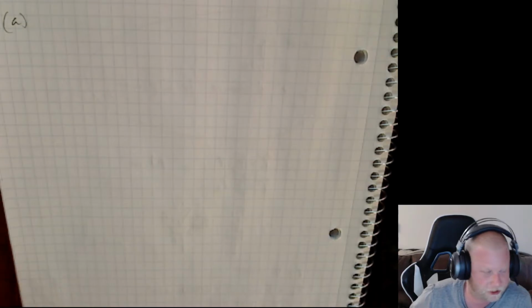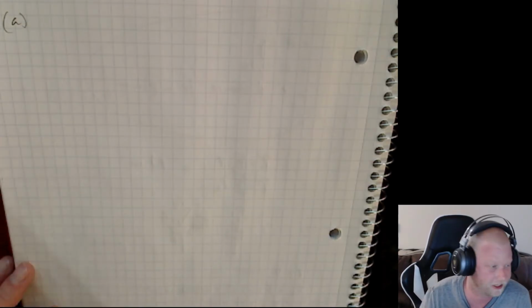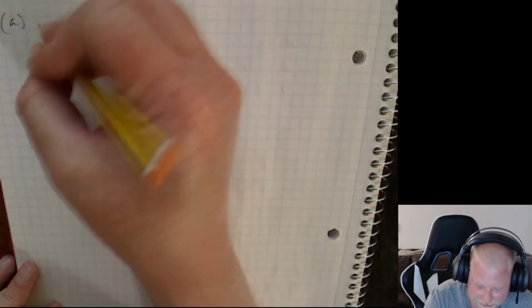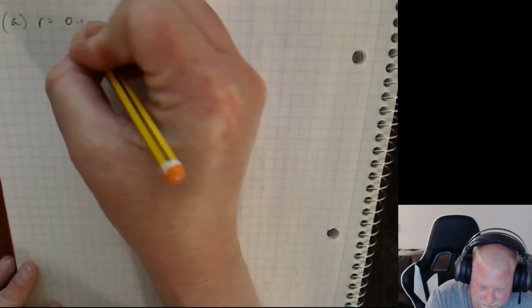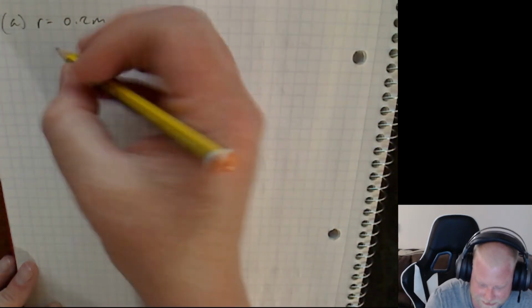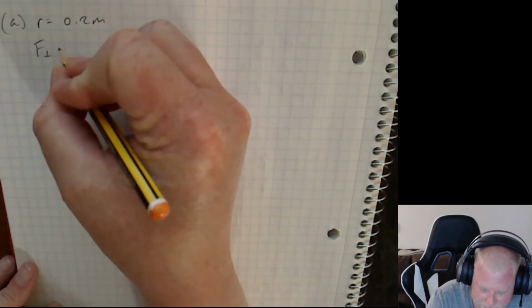So let's solve it using the method shown in A in figure 7.22. We've got a radial line of 0.2 meters. We've got a perpendicular force, right?